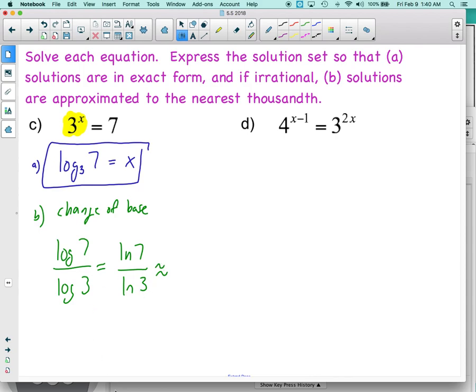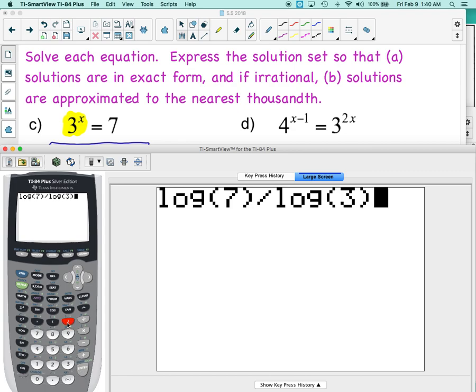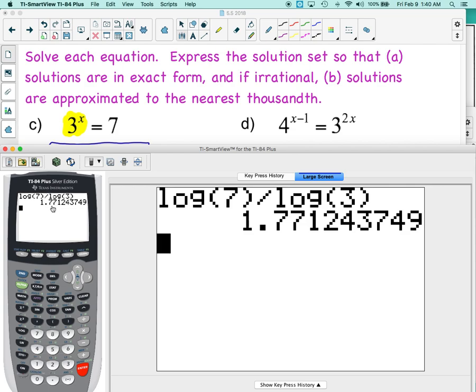So that's what we can type in our calculator. Either one of those two things, it doesn't matter which. So log 7, close those parentheses, divided by log of 3, close those parentheses. And we see that we get an approximate answer of 1.771 when you round that to the thousandth.